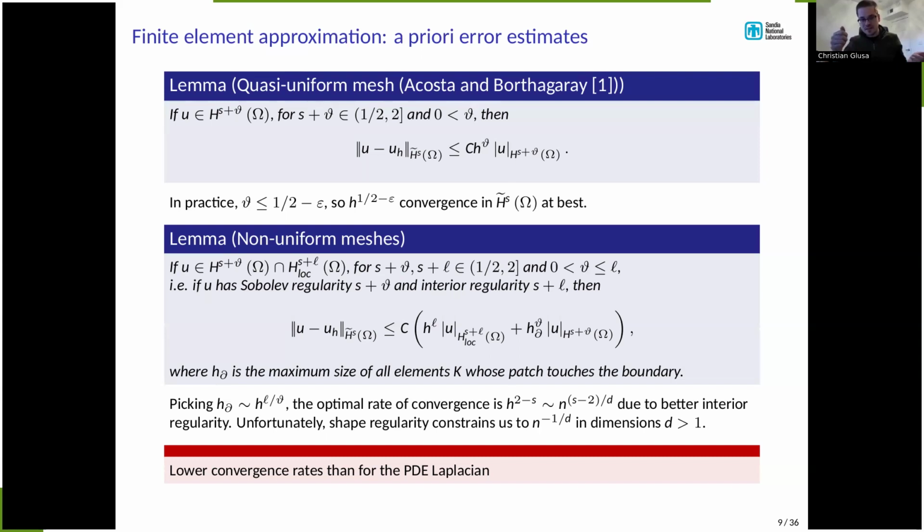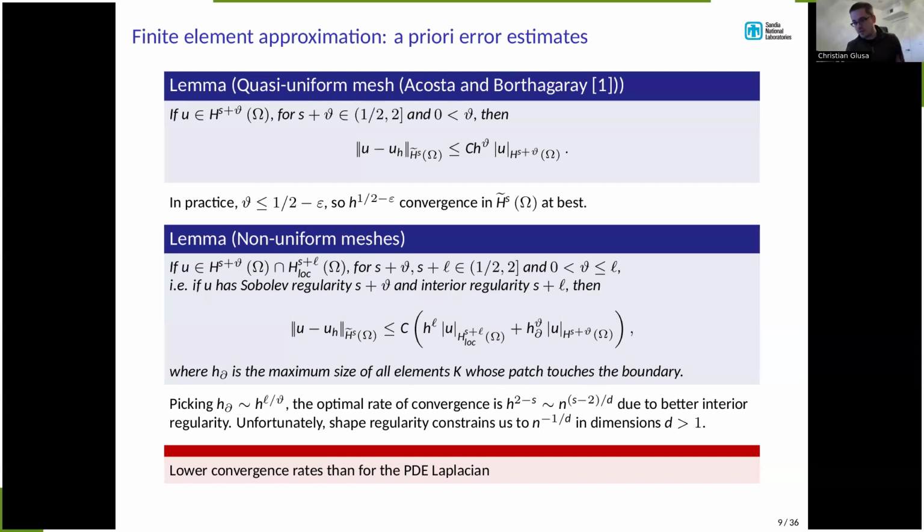But in dimensions larger than one, shape regularity of our elements will require us to gradually transition between very, very small elements and larger elements in the interior of our domain. And so this still makes us lose some finite element convergence compared to what we could achieve if we, for example, fully gave up on shape regularity of our elements. But if we do that, then there are a lot of other terrible things that can happen to us.